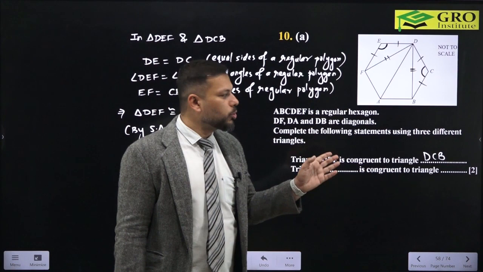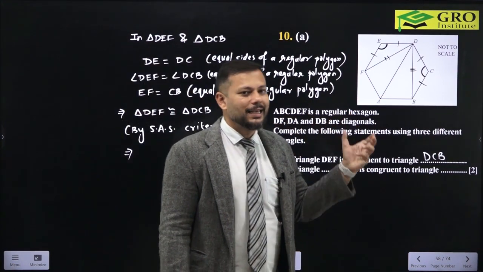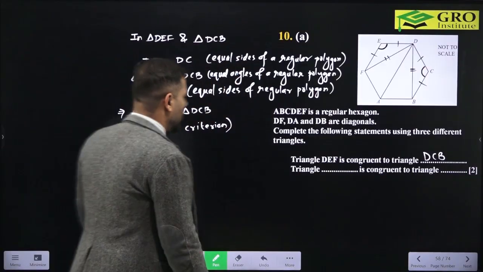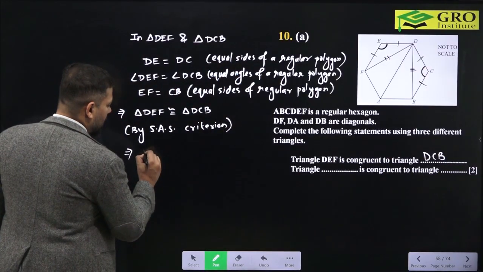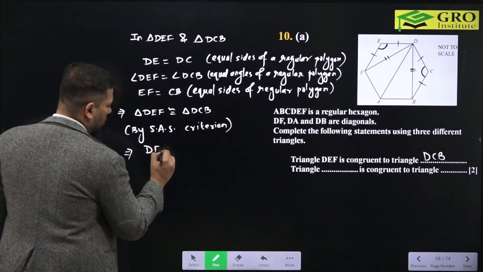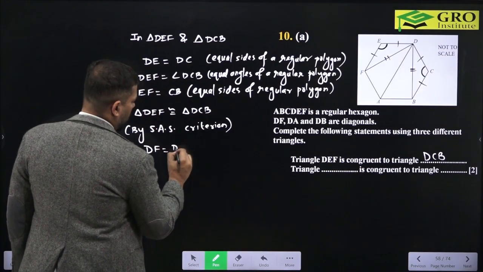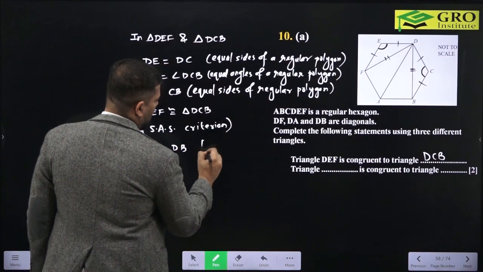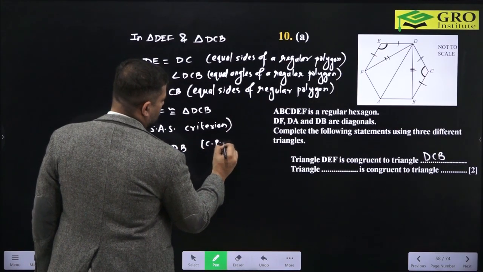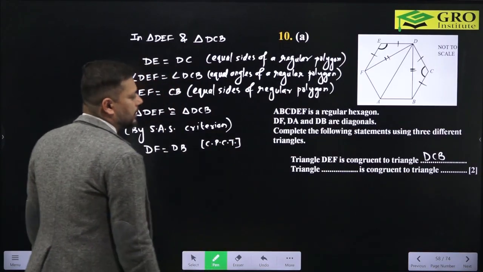By corresponding parts of congruent triangles, the corresponding sides are going to be equal to each other as well. So that tells us that DF is equal to DB. For that we can write corresponding parts of congruent triangles.